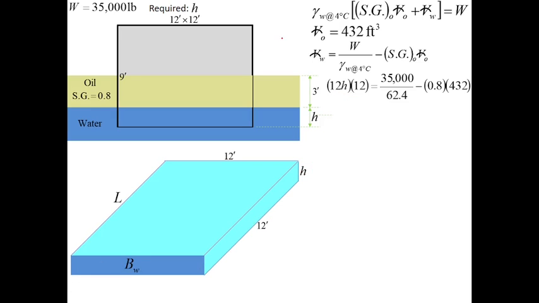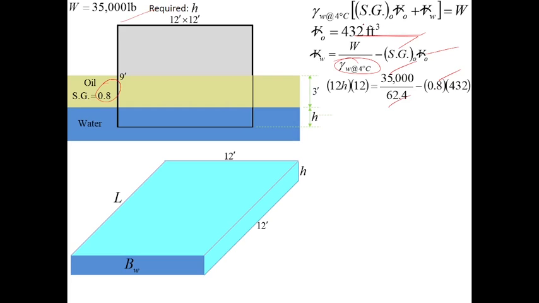So, then we have weight, 35,000. As stated sa problem. Pounds yon. Tapos, specific weight, 62.4. Okay? Pound per cubic feet. Then, SGO, given sa problem, no? Na 0.8. Ito. Volume displaced with respect to oil.